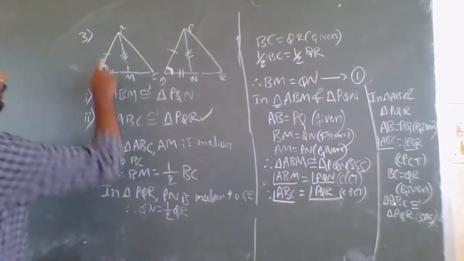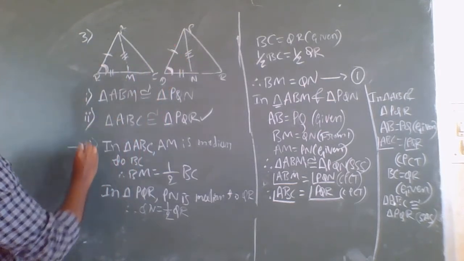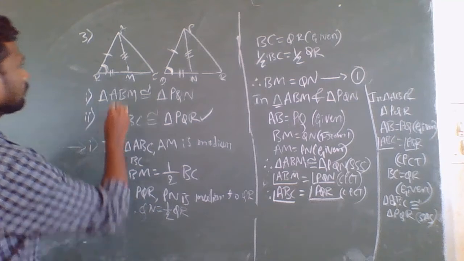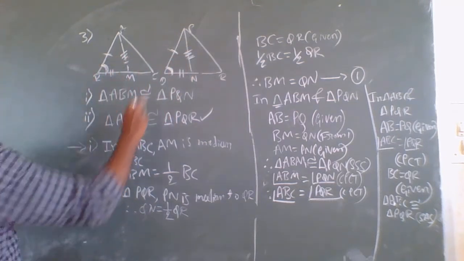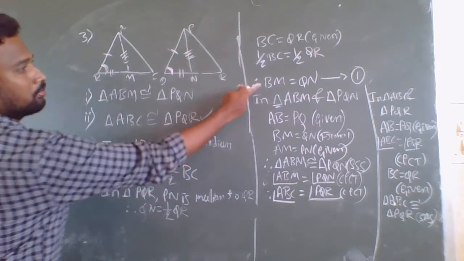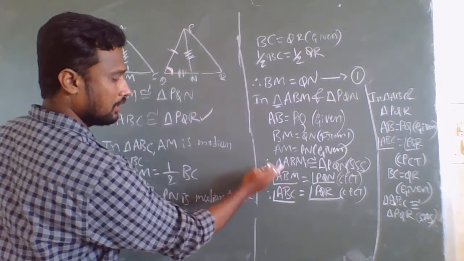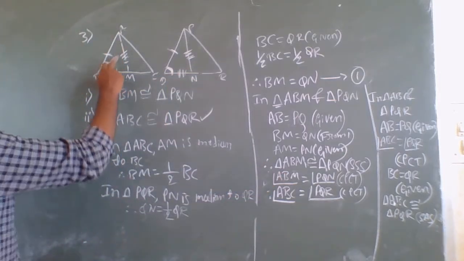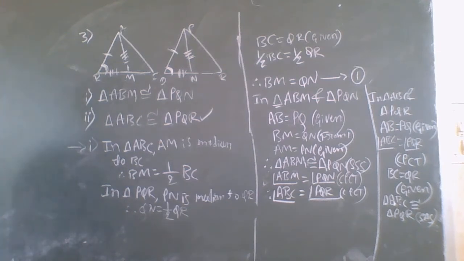Now, in triangles ABM and PQN, these two sides are equal, given, and these two sides are equal, and we proved that BM is equal to QN. Therefore, by SSS, these two triangles are congruent.